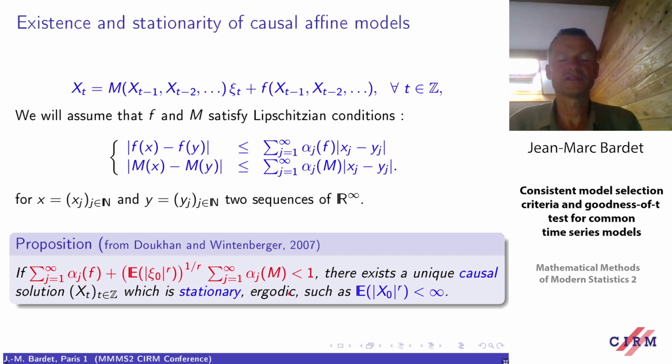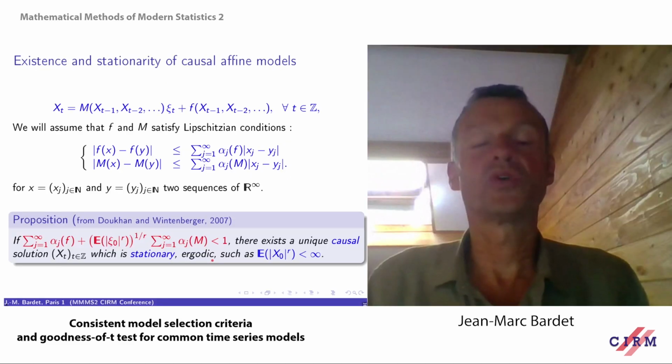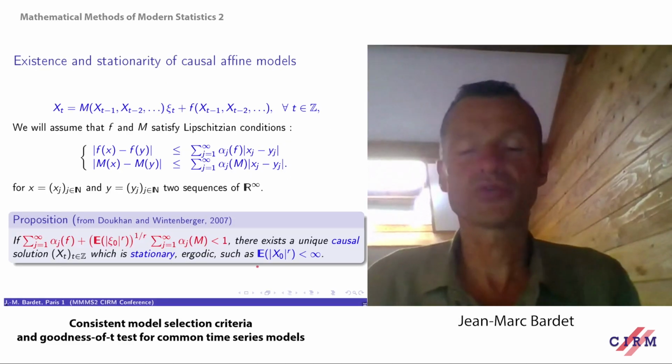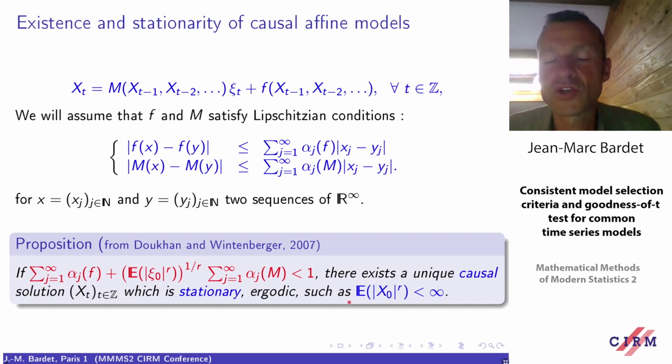And by this way, you have also an ergodic solution, causal and ergodic solutions. Ergodic is satisfying the strong law of large numbers, and we have also r-th moment for x.